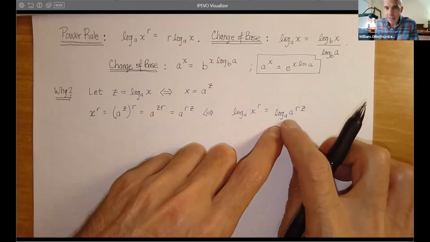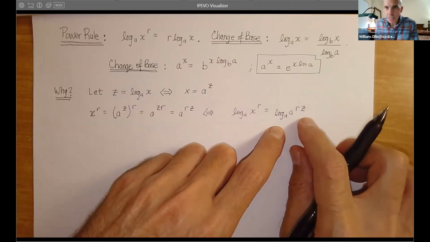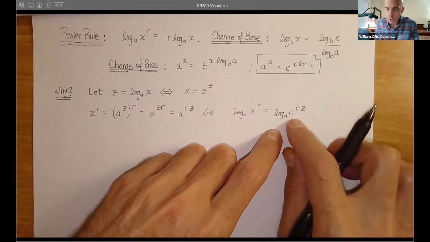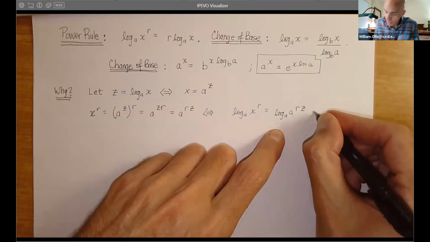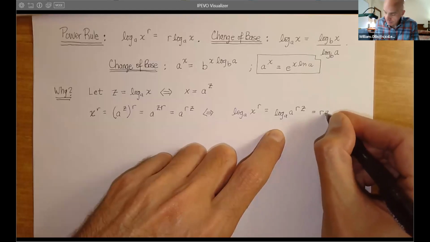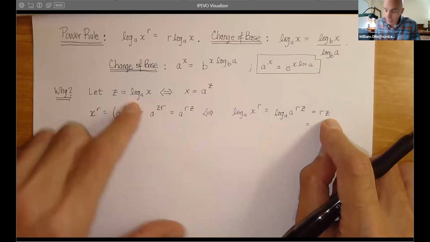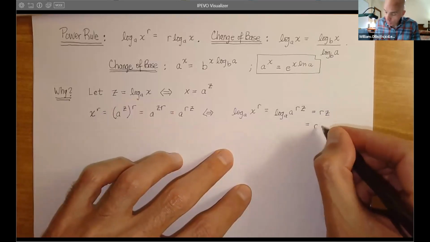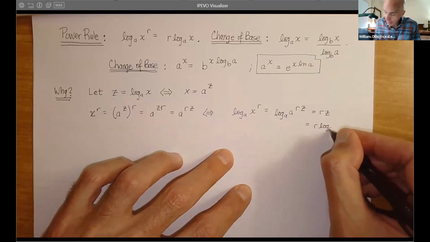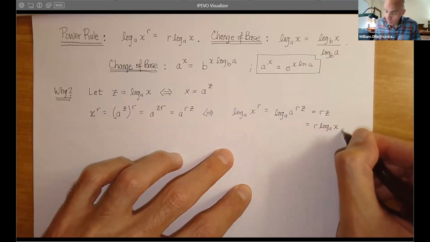What power of a equals a to the rz? Well, just rz. These collapse. These are inverses. So this is just rz. But z is the base a logarithm of x. So we have r times the base a logarithm of x. And that's what we wanted to show.